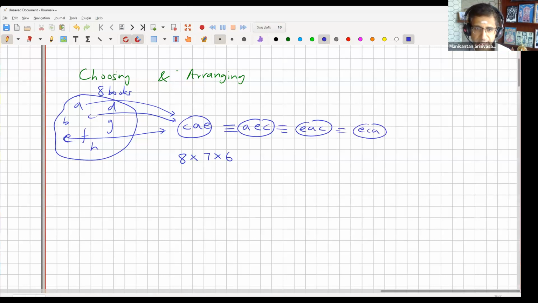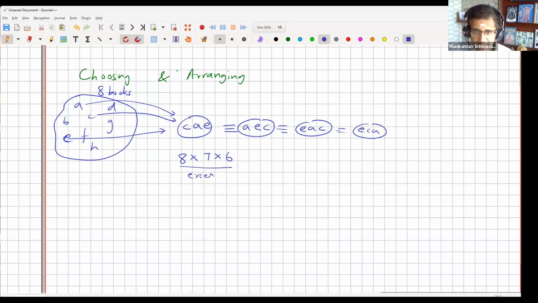So 8 times 7 times 6 means that the ordering in which I call is important, when in fact it's not. If I specifically say which book I call out first, so if C is going to get a gold medal, A is going to get a silver medal, and E is going to get a bronze medal, then it's a different thing, where the ordering matters. But here the ordering does not matter. Therefore, I'm over counting, or double counting within quotes, but excess counting.